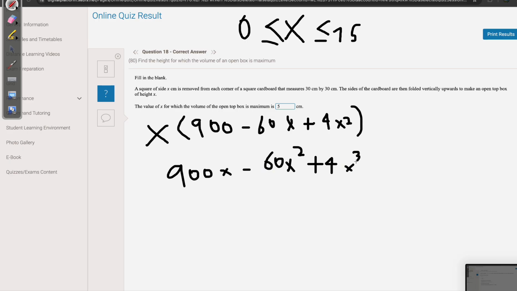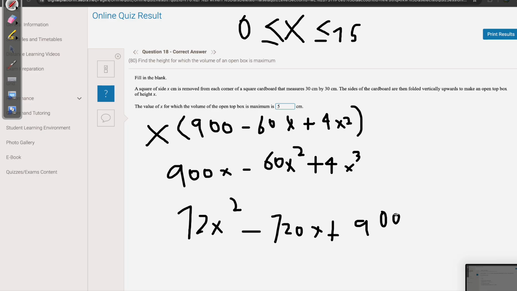Then we're gonna have to derive again because we want the maximum volume. Minimum volume, maximum volume, basically same thing. So that will give us 12x squared minus 120x plus 900.